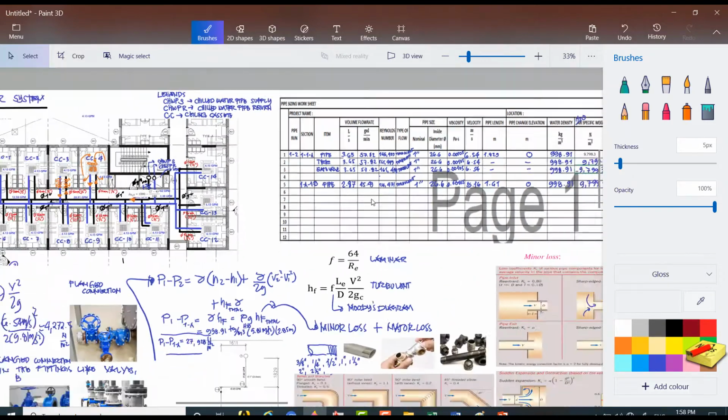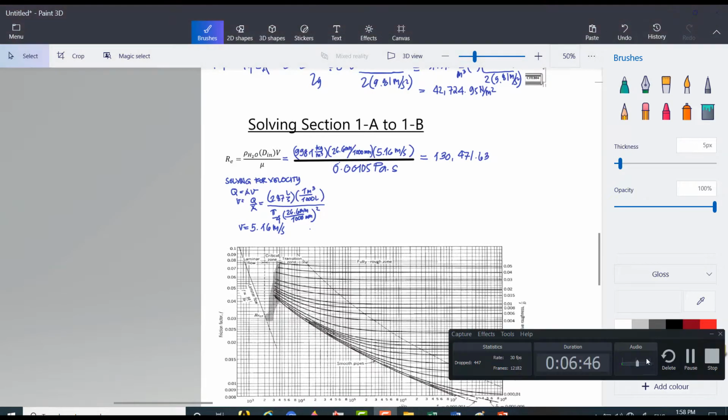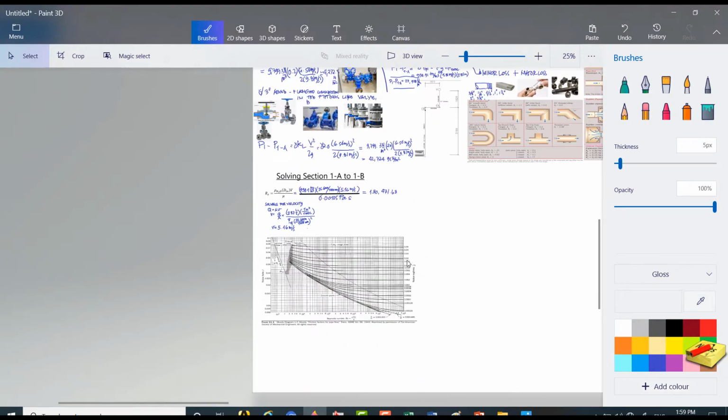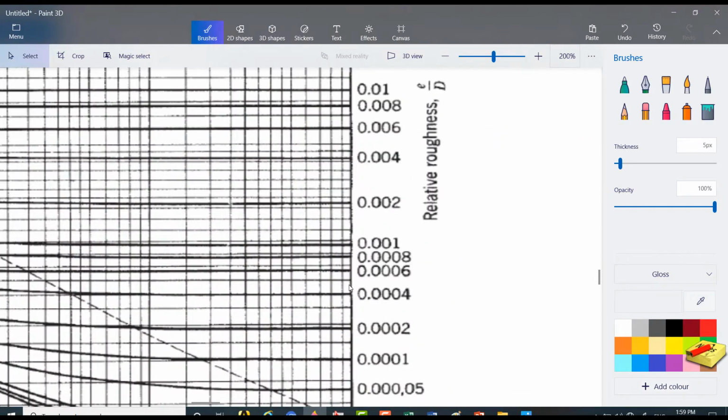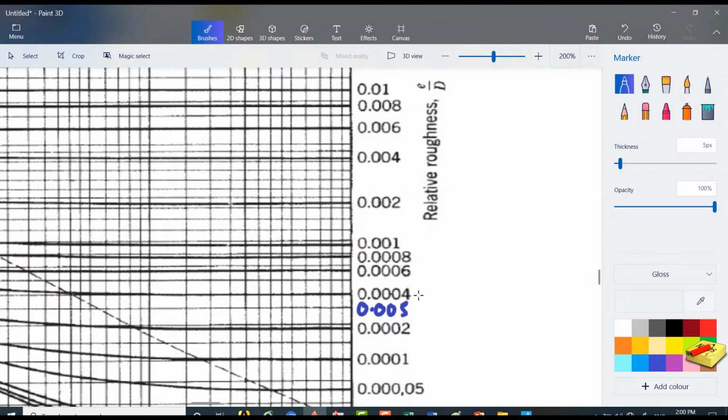Relative roughness is not shown here, but recalling our last solution, since it is still a 1-inch pipe, we have 0.005 as the relative roughness.